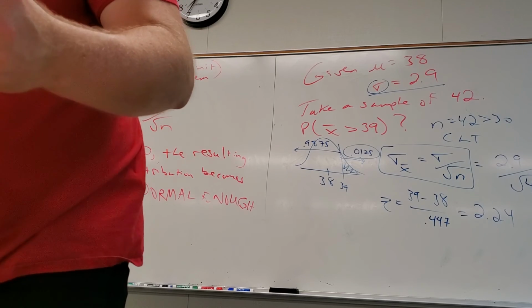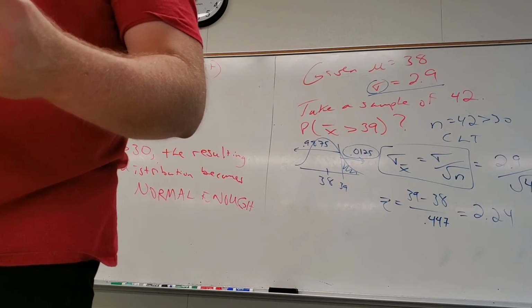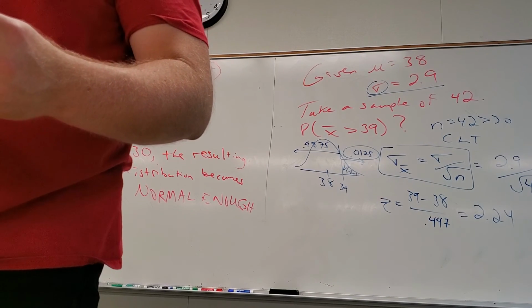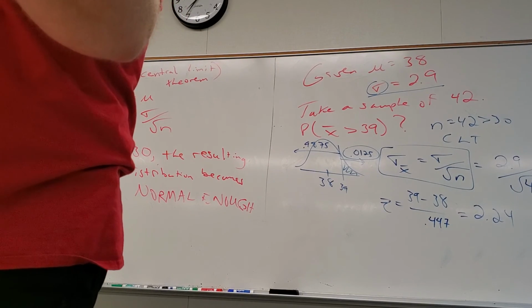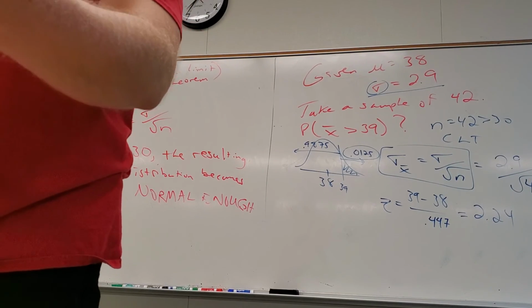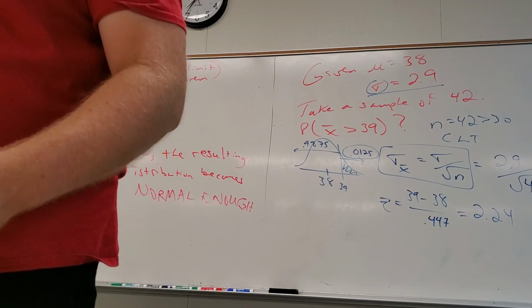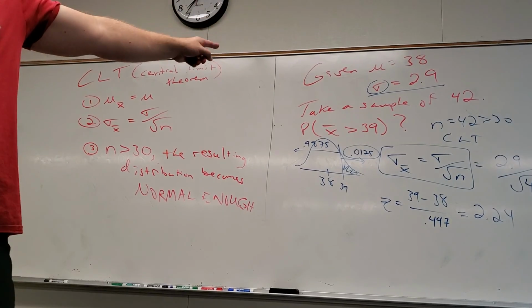What has to be true so I can use the sheet of answers? It has to be normal, and of course I just say it is, right? So 1A is chapter 6. 1A is old news. 1B is where I take a sample. So try to do those two.